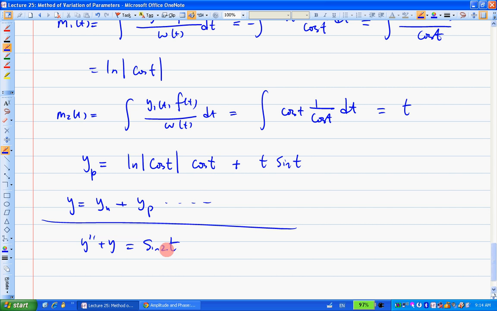So basically, you can use two methods: variation of parameters, or undetermined coefficients, to solve this one. But take a look at the lecture notes. When you use the two different methods, particularly when you have trigonometric functions here, you end up with what appear to be two different solutions.